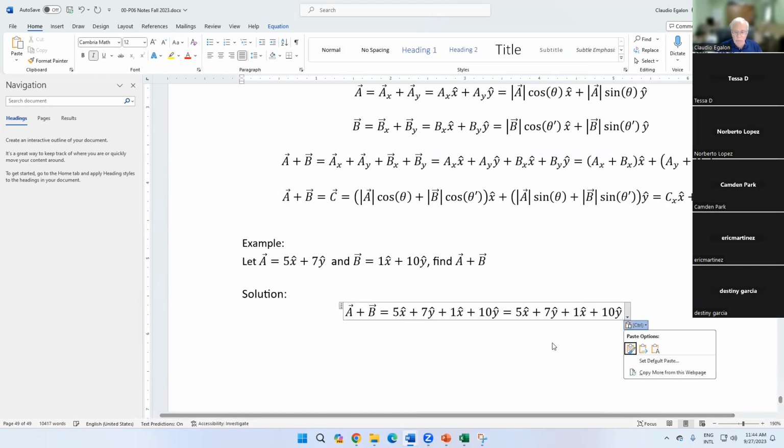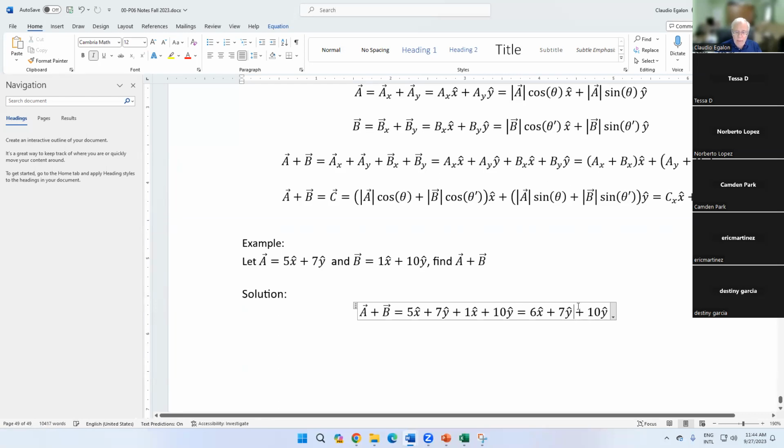Then we do the regular mathematical summation, but only between the same components. Distinct components do not sum up with themselves. X hat component doesn't sum up with Y hat component. That would be the final vector C. Okay, and then we can go for the next example.